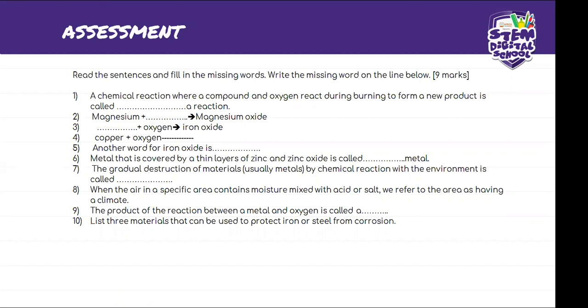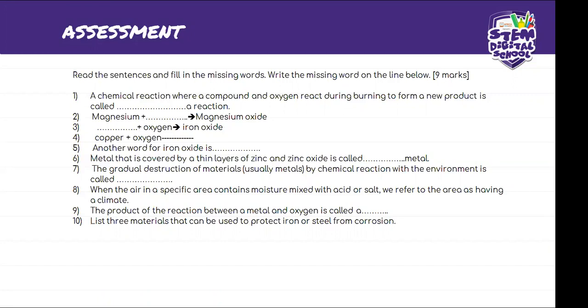A metal that is covered by a thin layer of zinc and zinc oxide is called, yeah, we just looked at that. The gradual destruction of material, usually metal, by chemical reaction with the environment is called, something is missing there. When the air in a specific area contains moisture mixed with acid or salt, we refer to the area as having a what climate?